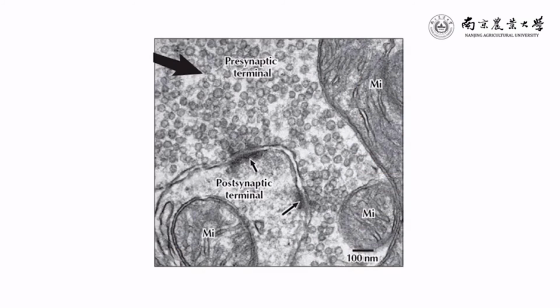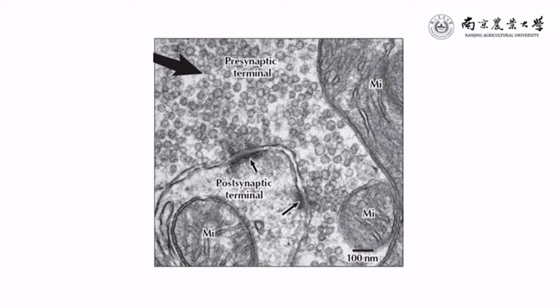This is a high magnification electron micrograph of a typical synapse in the brain. Clear, round synaptic vesicles are abundant in the presynaptic terminal. Some are clustered near the presynaptic membrane in areas called active zones.